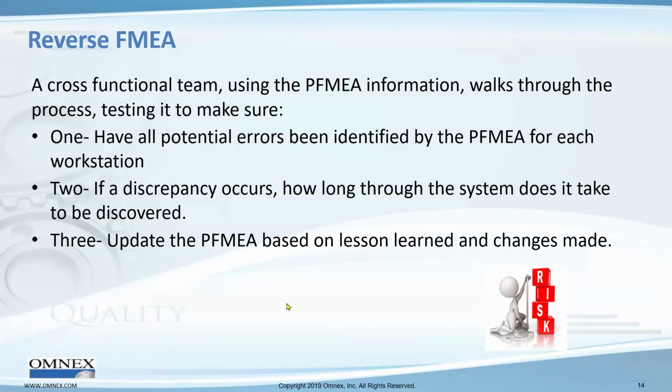And the first thing we would do, we'd have to select one of the operations for the day. And then we would take the flow diagram, the PFMEA and control plan for that operation. And the first thing we do is we say, have all the potential errors been identified on that PFMEA documentation? We'd also look at the flow chart to make sure that was complete.